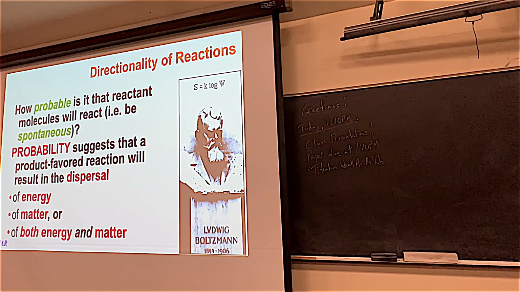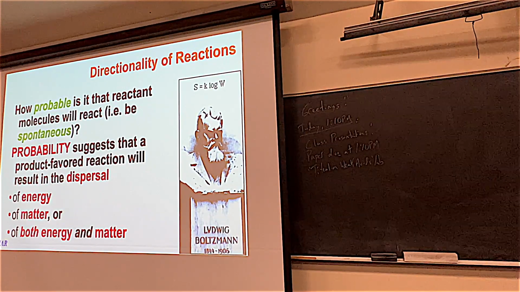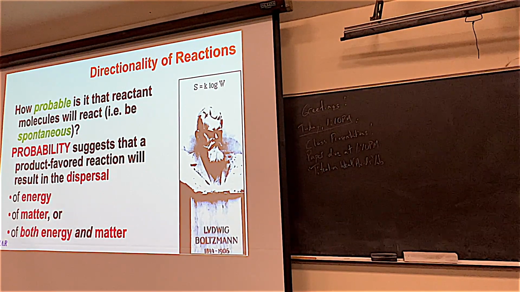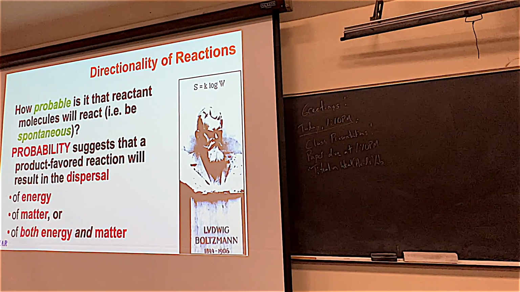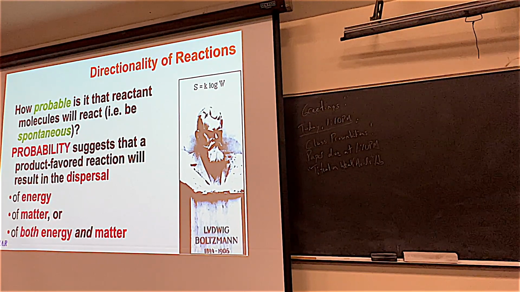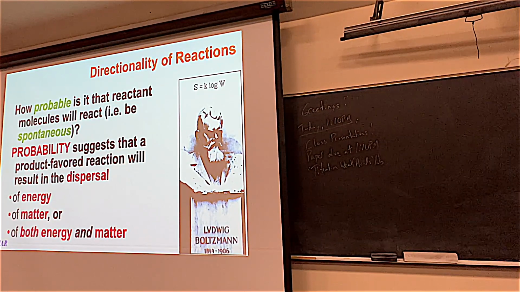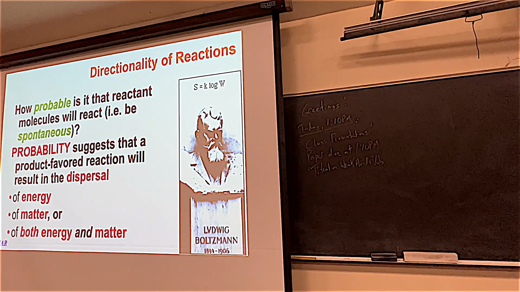There are not a lot of examples where energy is all over the place and becomes concentrated, or matter all over the place and becomes concentrated. It's usually the opposite, making the very concentrated become more dilute. Questions?